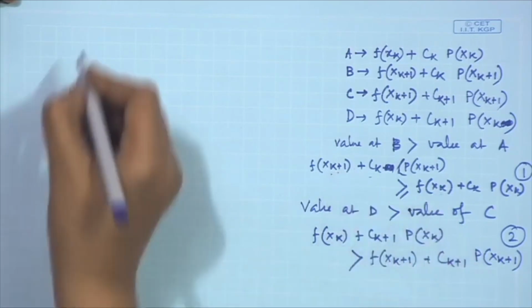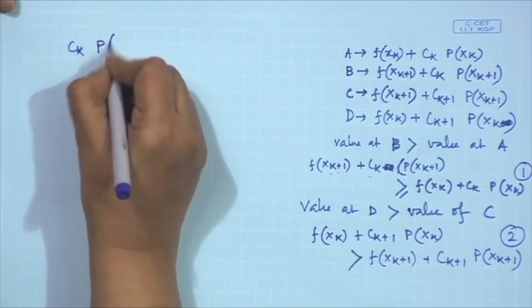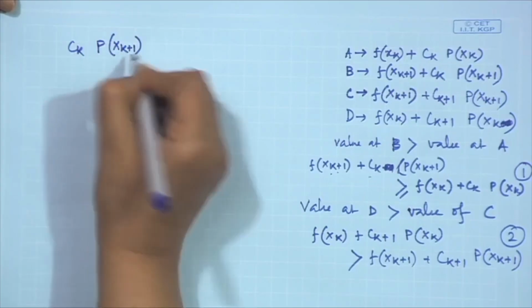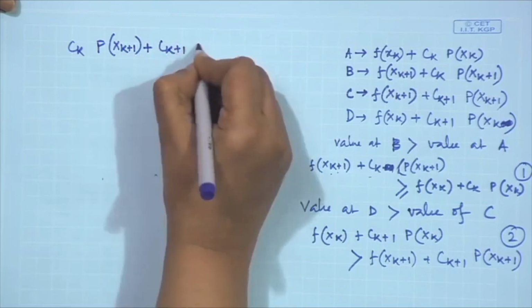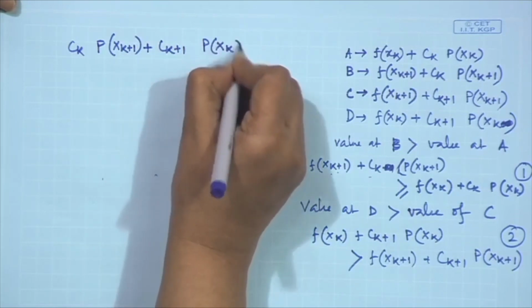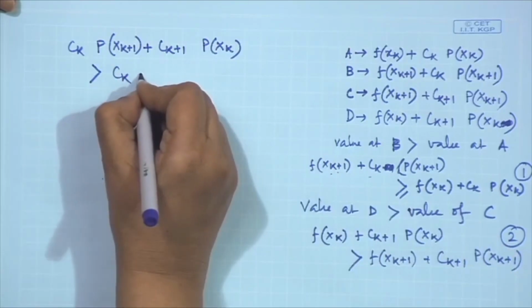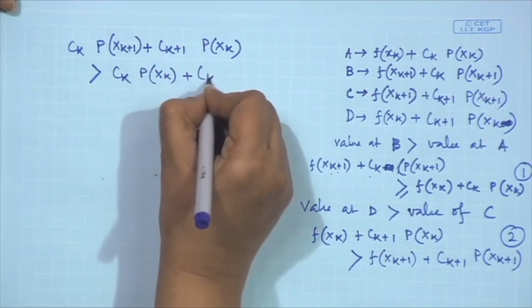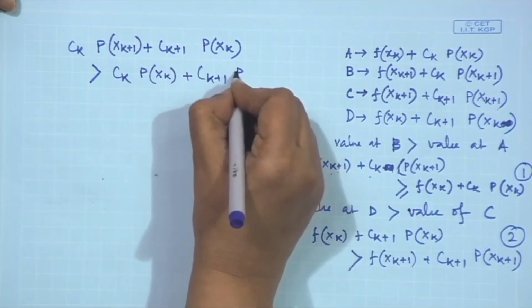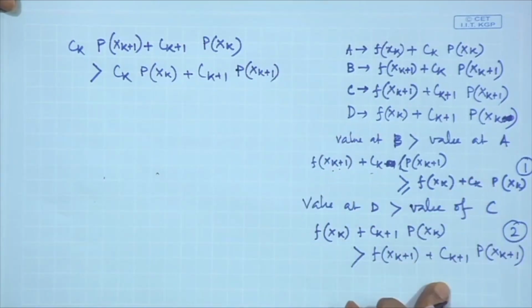That is why we only have c_k p(x_{k+1}) plus c_{k+1} p(x_k) is greater than c_k p(x_k) plus c_{k+1} p(x_{k+1}). Okay.